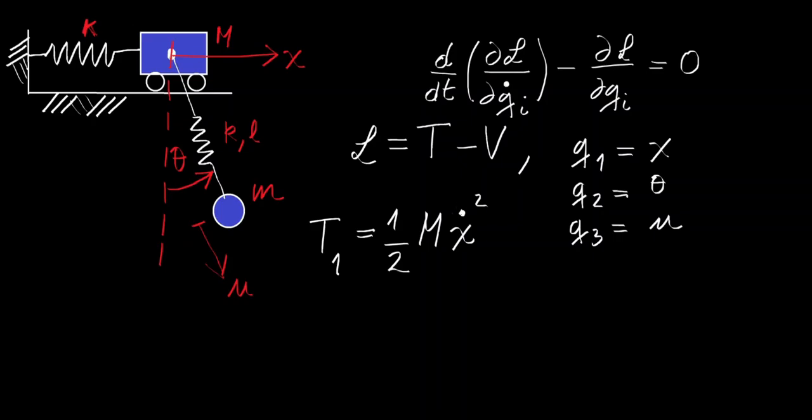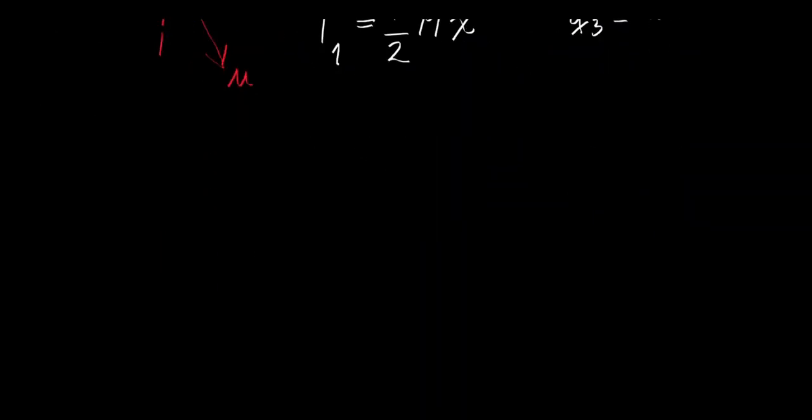This is a slightly bit more complicated, but we will first need to write the velocity of this second object. So let's do another drawing here.